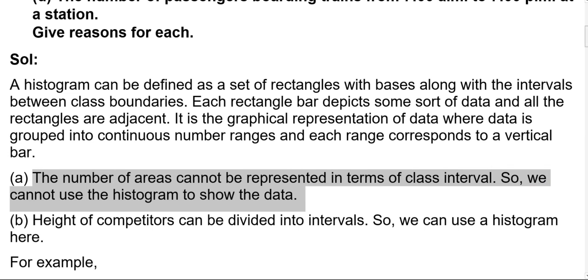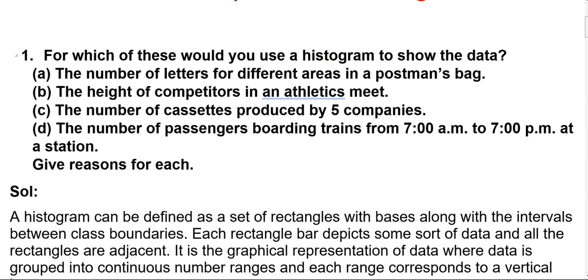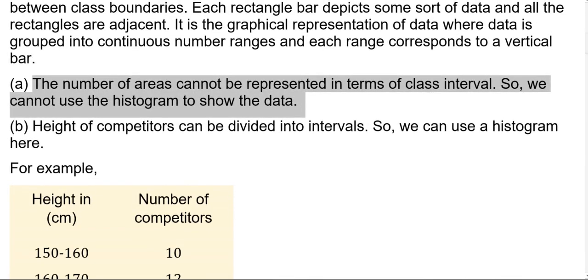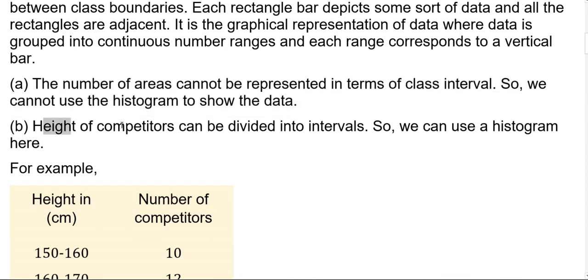A, the number of letters for different areas in a postman's bag: we cannot use the histogram to show the data. B, the height of competitors can be divided into intervals, so we can use the histogram here.